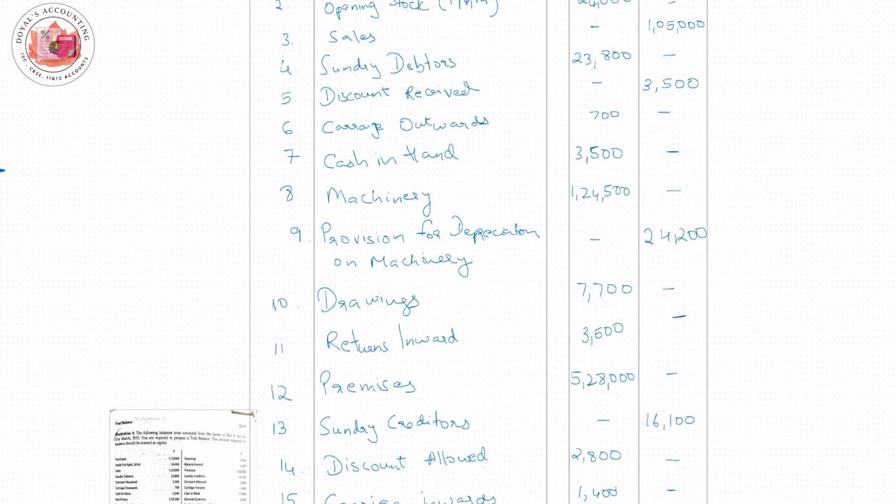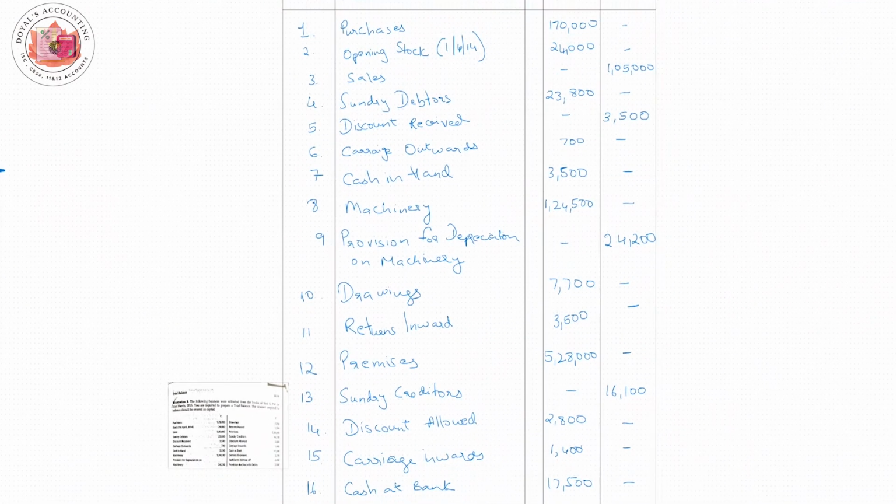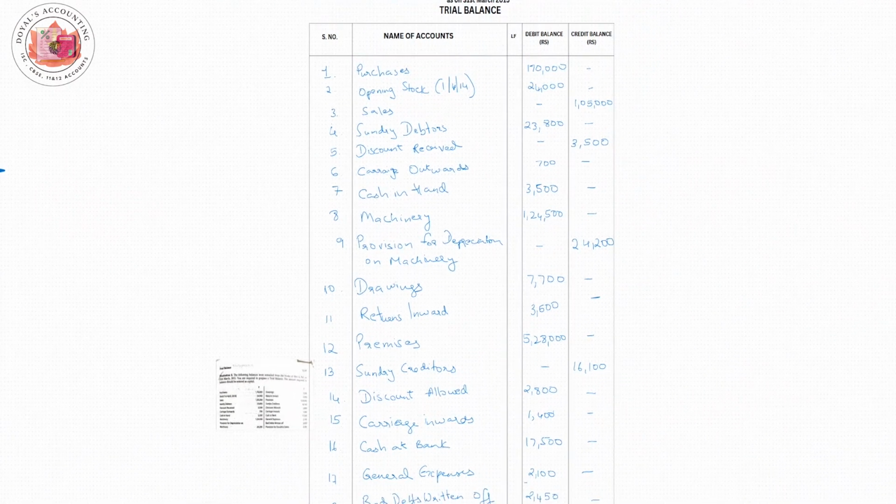Okay, it's clear that my debit column is having more balance than my credit column.